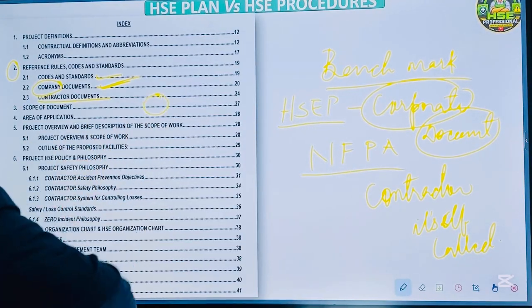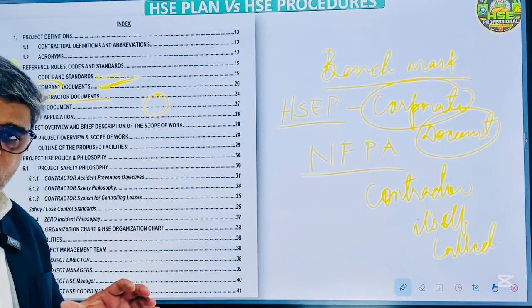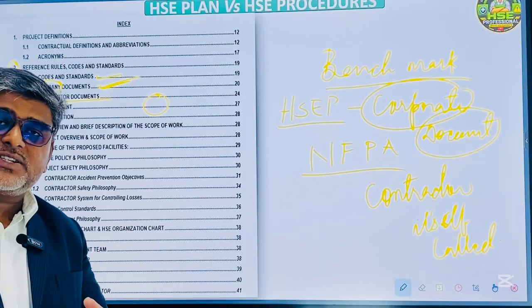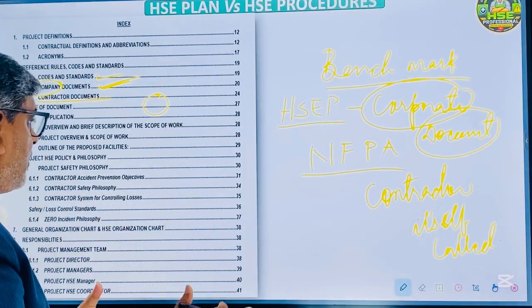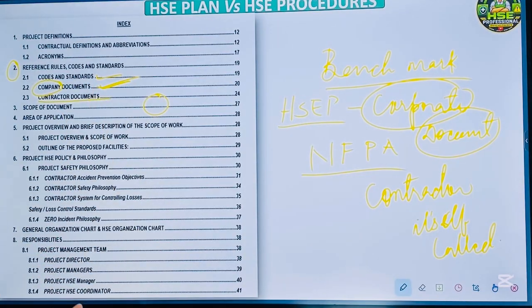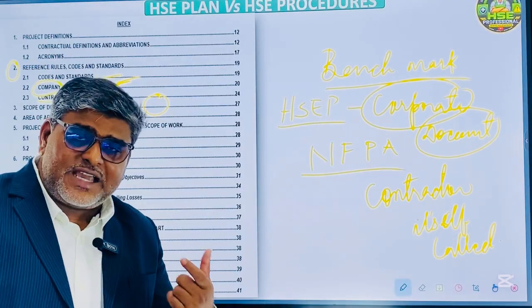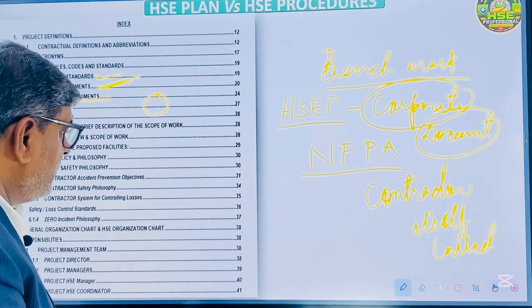Contractor document, company document is Aramco, contractor document is the contractor's document. Next is the scope of document: on which project, on what basis this project was owned, and what information is mentioned in that document, because that is the main document on which we prepare this document. What is the scope of work, how many pipes we need to do building, what is the line name, what are the sizes of the pipe, the plant, all detailed information.